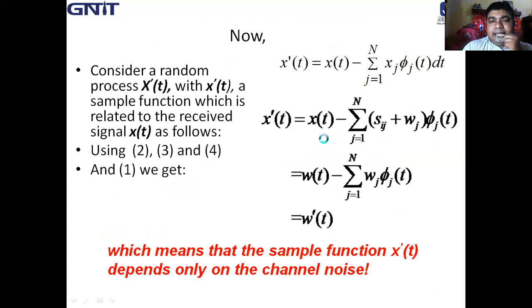So si(t) and si(t) cancel out, and only w(t) minus the summation of j equal to 1 to N of wj phi j(t) remains. That is considered as w dash t, which means that the sample function x dash t depends only on the channel noise.